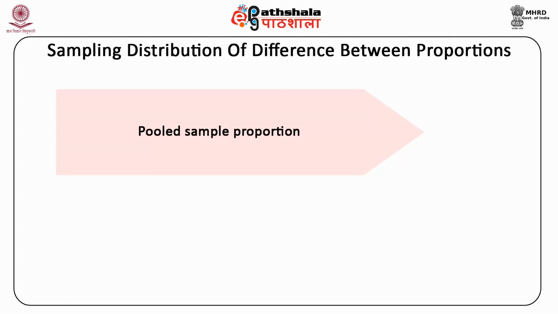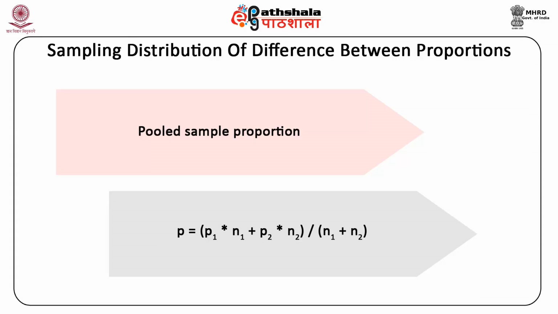Pooled sample proportion. Since the null hypothesis states that P1 is equal to P2, we use a pooled sample proportion P to compute the standard error of the sampling distribution.